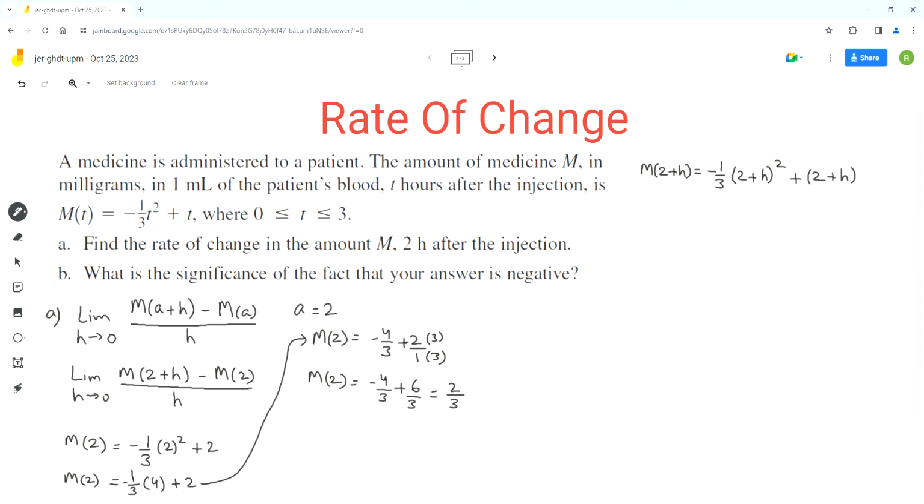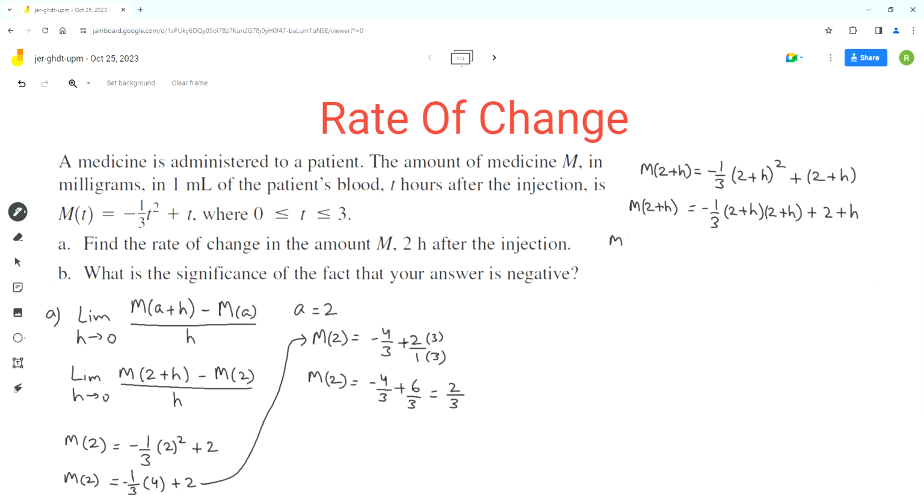Now we can simplify this expression. We can distribute the square, so we write (2 + h) times (2 + h), and we remove the parentheses from 2 + h because there is nothing to separate.